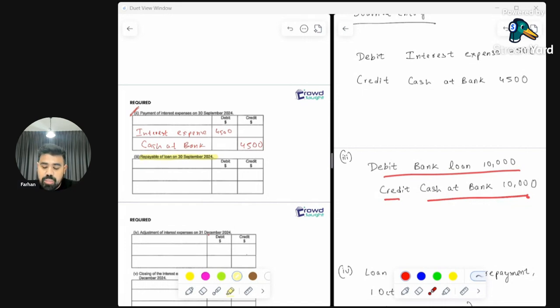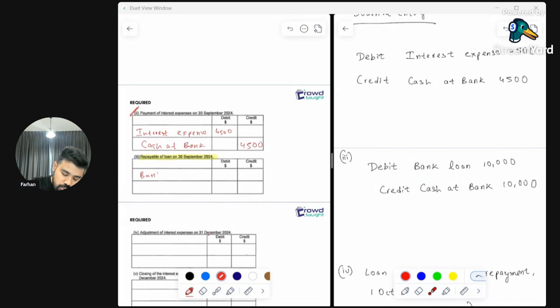So we are debiting the bank loan, which basically reflects the reduction in liabilities, and then we're crediting the cash at bank account, which shows the reduction in assets. Okay, so this is the journal entry with regards to the repayment of loan. So we will debit the bank loan by 10,000, and we will credit the cash at bank account by 10,000.